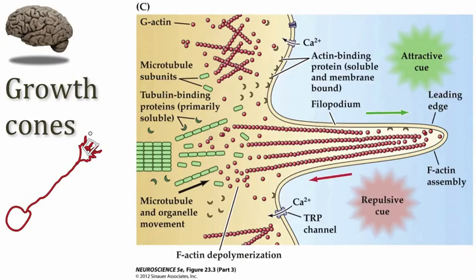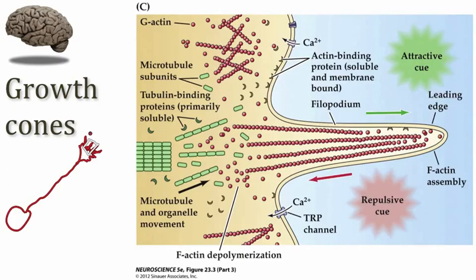Meanwhile, microtubules are being assembled and disassembled in the lamellipodium. So all of the machinery that's necessary for the construction and deconstruction of these filaments needs to be synthesized and then localized to this growth cone. Now, these processes are responding to signals in the environment through which this growth cone is exploring. And those signals are transduced via a variety of receptors that are present within the leading edge of this growth cone.